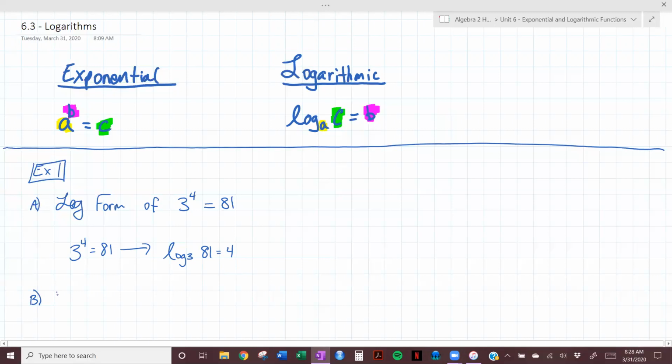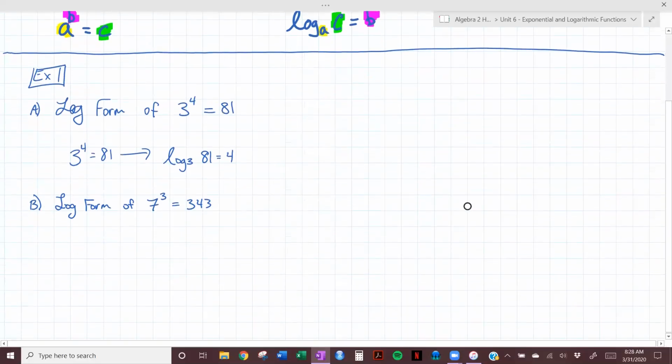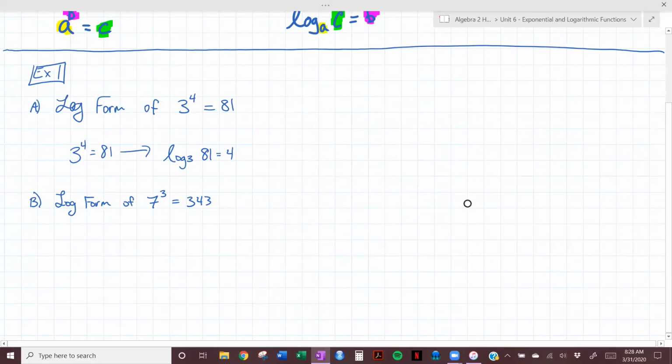Now, what if I wanted to do the log form of 7 cubed equals 343? In this case, it's the same setup.